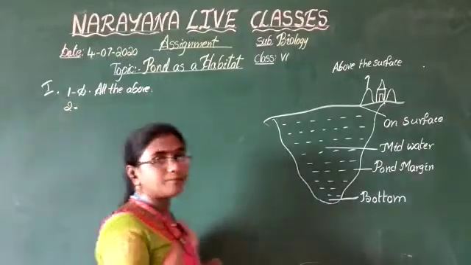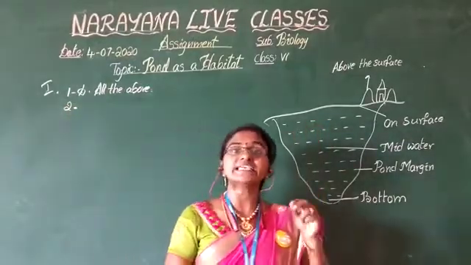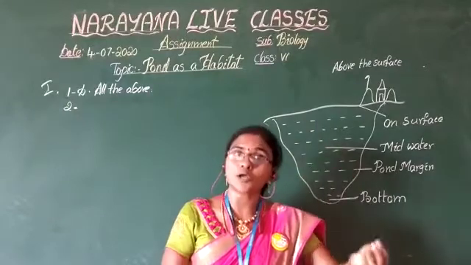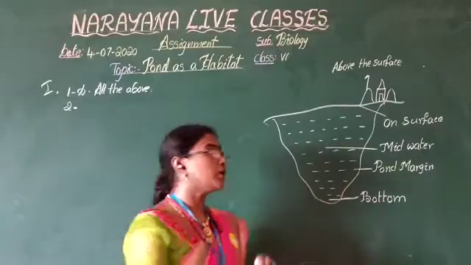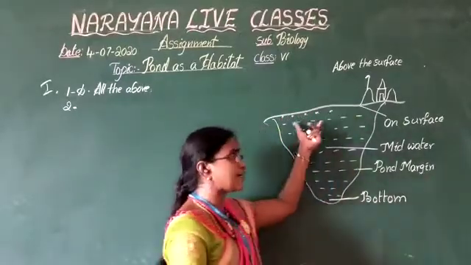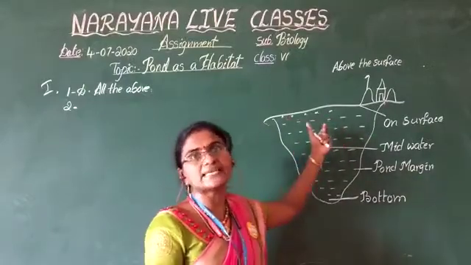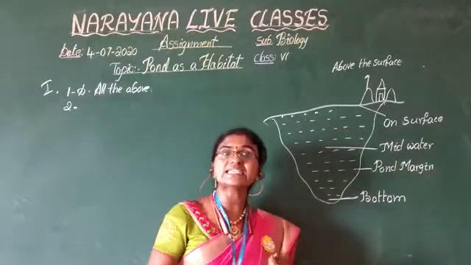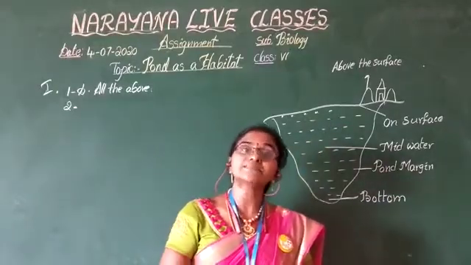And the second one: on the pond surface, the organisms are easily eaten up by other organisms because they have less protection. If you observe some of the insects and other organisms present on the surface of the pond, there is no way to hide them. So they are easily eaten up by other organisms because they have less protection.